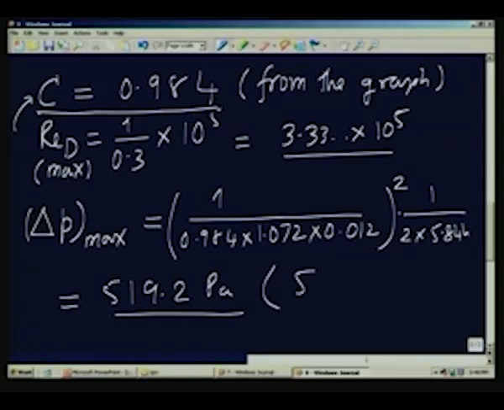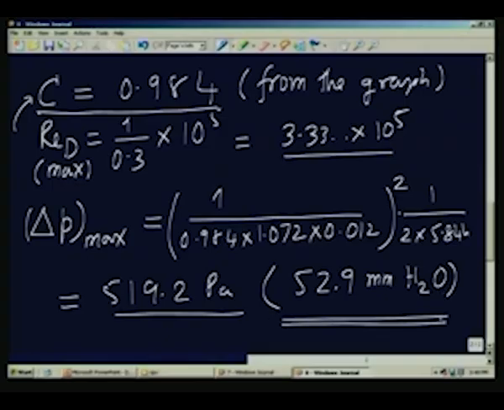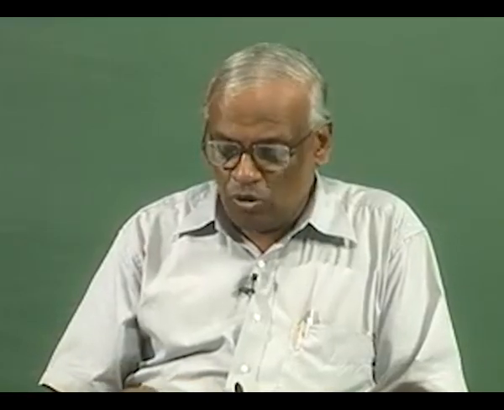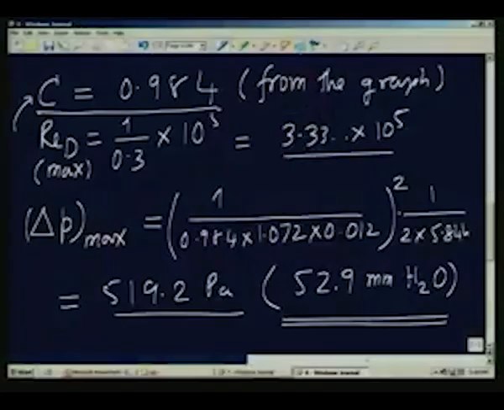It will be 52.9 millimeters of water. This is the pressure difference between the inlet and the smallest diameter section of the venturi, which is what is measured by the manometer. So 52.9 millimeters of water is what we are going to get.